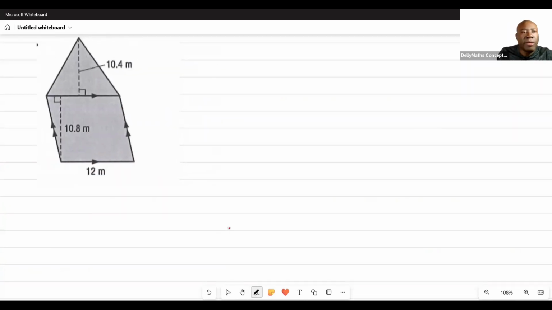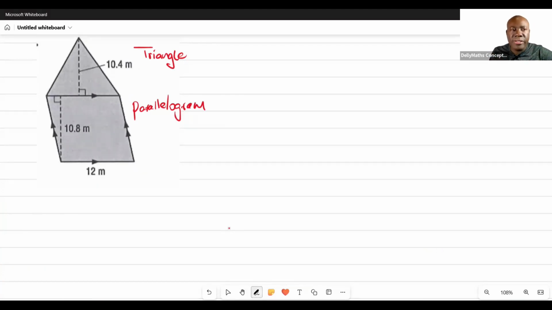All right, so this problem, we're looking at two shapes. One is a parallelogram here. And the second one up here is a triangle. So basically there is nothing to pluck out or to subtract.